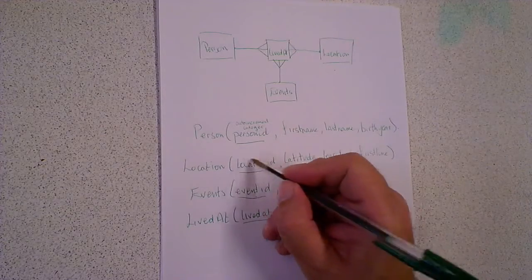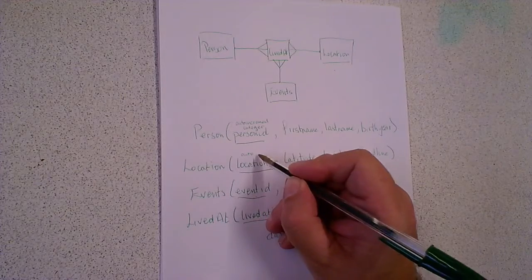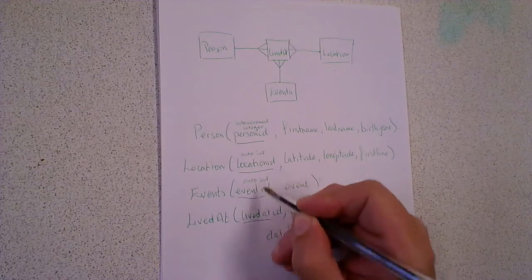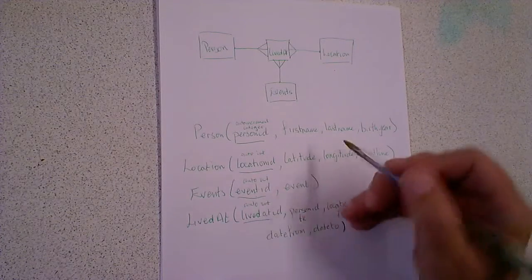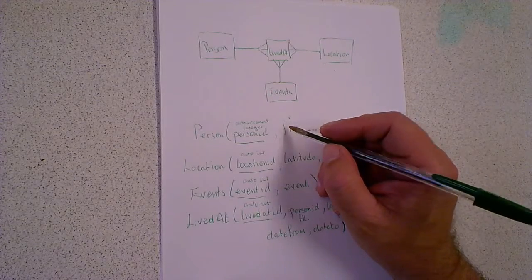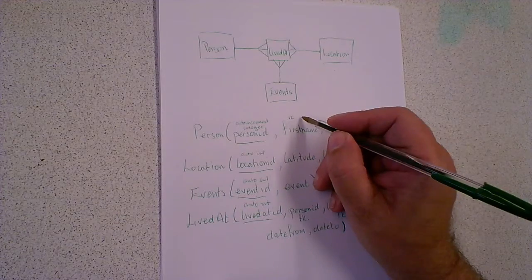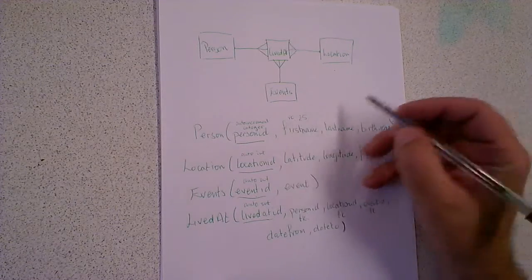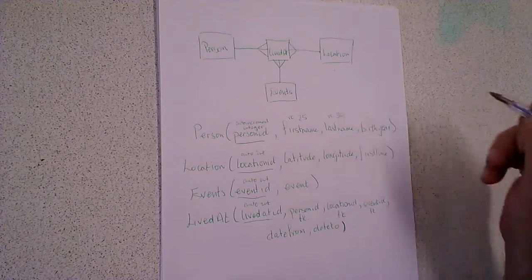So the same will go for this one, auto increment integer, auto int, auto int, auto int. First name is going to be a variable character. If you're doing Access, this would be text, but it's a variable character. We need to make it large enough to hold a pretty large first name, so let's make it 25 characters. That's going to be a variable character. Let's make that large enough, 30.